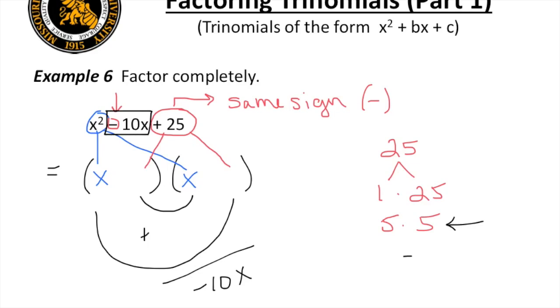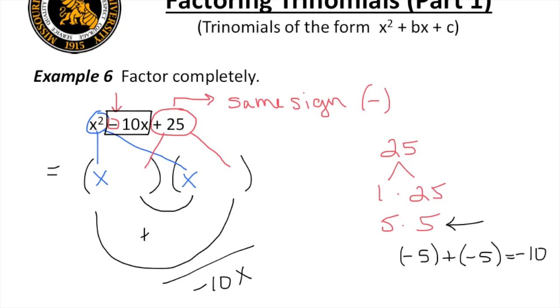In fact, negative 5 plus negative 5 does give us the negative 10 that we're seeking. And negative 5 times negative 5 gives us the positive 25 that we need.